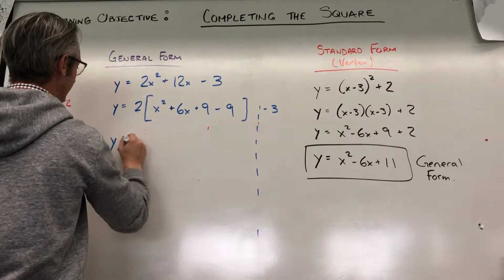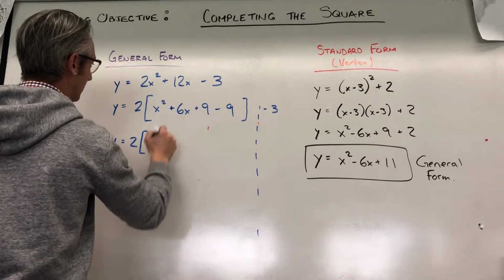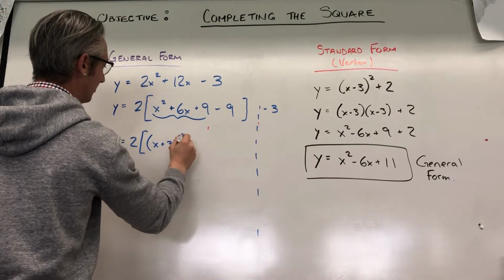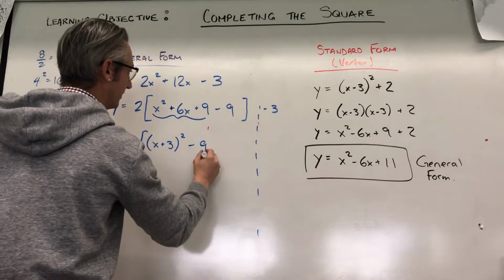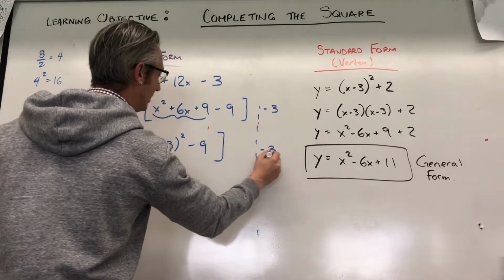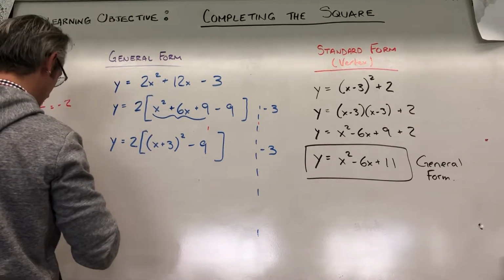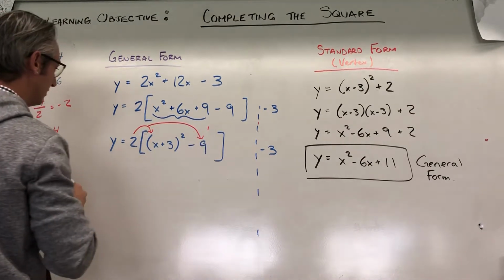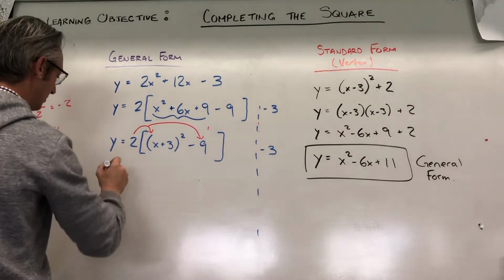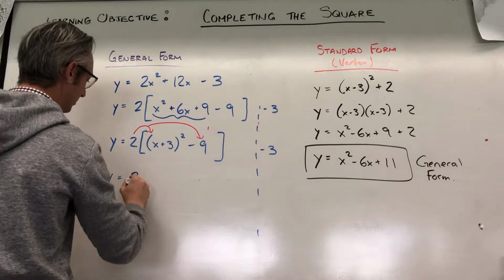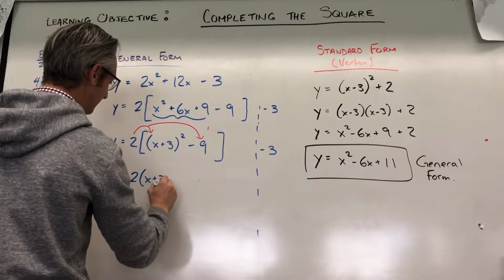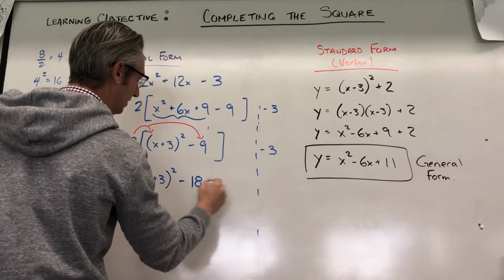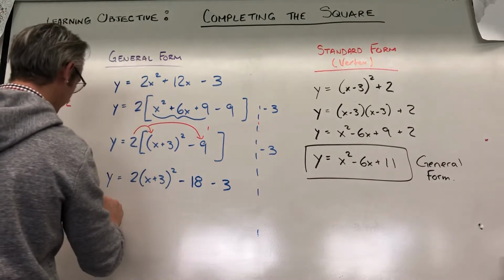So y is equal to 2. Well, to factor this, it would just be x plus 3 squared, perfect square, left with the negative 9, minus 3. The 2 distributes into here and into here. So I get y is equal to 2 times x plus 3 squared, 2 times negative 9 is minus 18, minus 3.